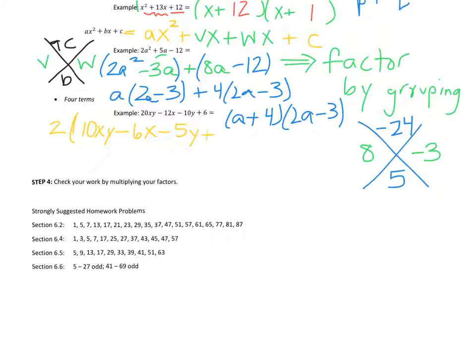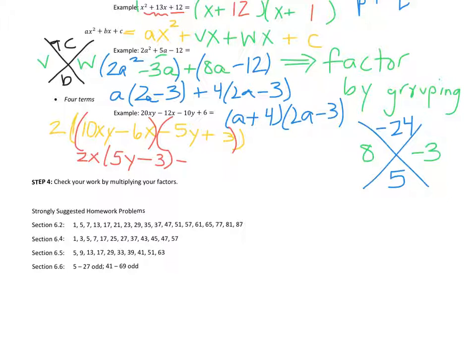Notice in this case, when we go to group our two groups of 2, the second one starts with a negative, so we got to include that negative in the parentheses. Factor out your greatest common factor. The next one, the only common factor we have is a negative 1.